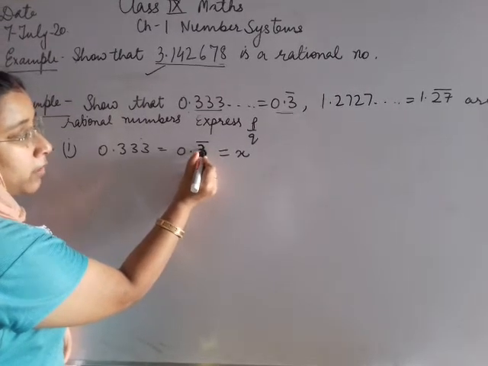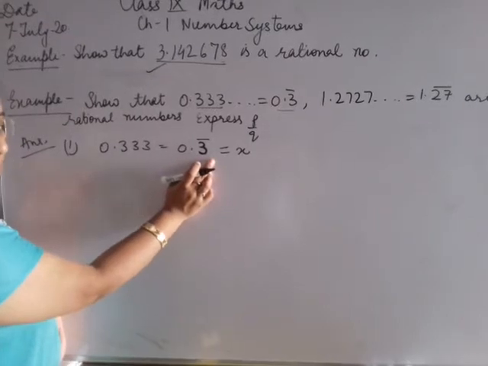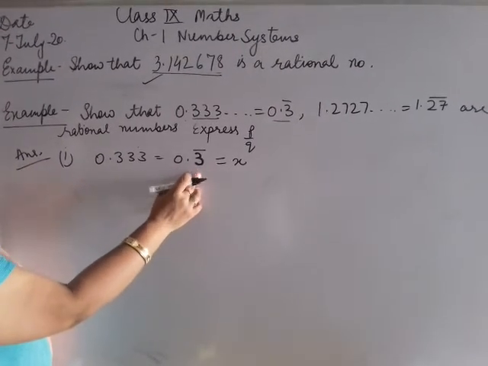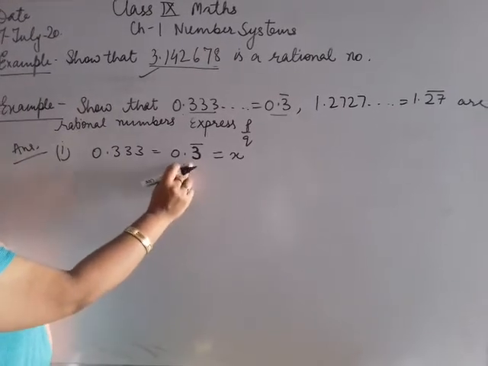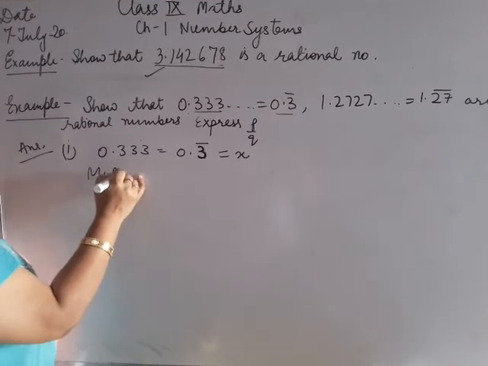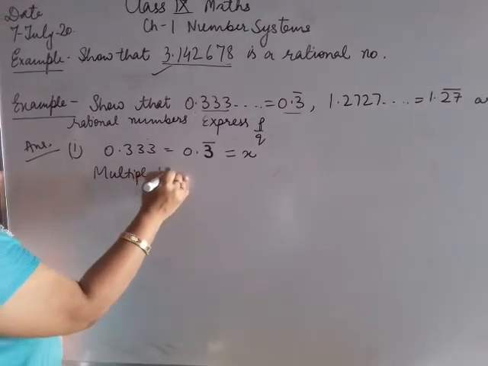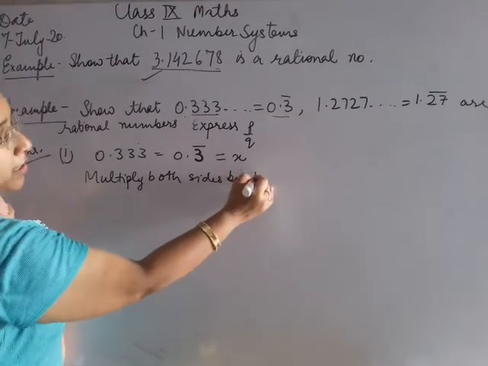The number of digits will determine how we have to multiply. If we have 2 digits repeating, we will multiply by 100. If we have 3 digits repeated, we will multiply by 1000. Now here we have 1 digit which has been repeated. So we will multiply both sides by 10.